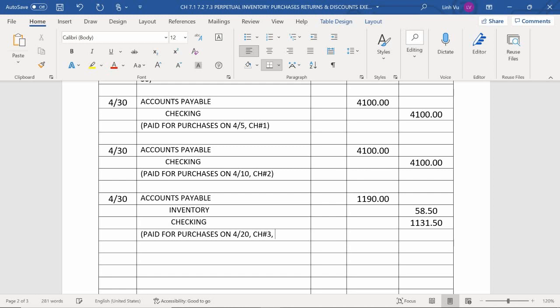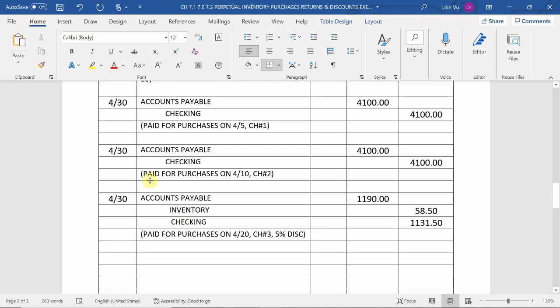And I'm also going to write that I got a 5% discount because I paid on time with the terms. This inventory that I'm taking out is my 5% discount.